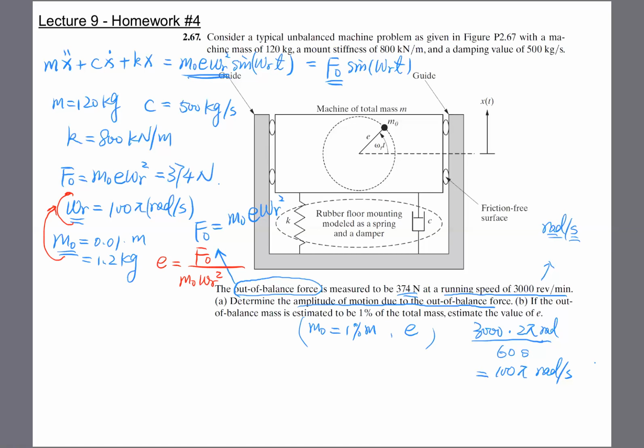So how about the first part? We need to determine the amplitude of motion, in this case the amplitude of x due to this out of balance force. Because it's displacement versus force of an unbalanced rotation, we already did this in class. So you can go back to your lecture number 9, and I believe it's on slides 8 and 9.